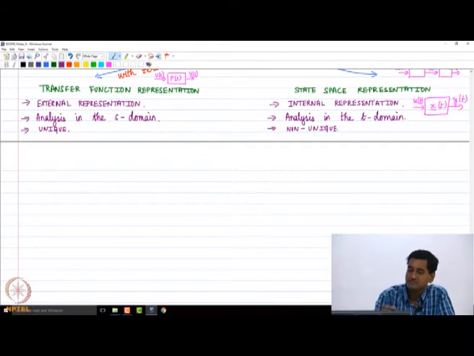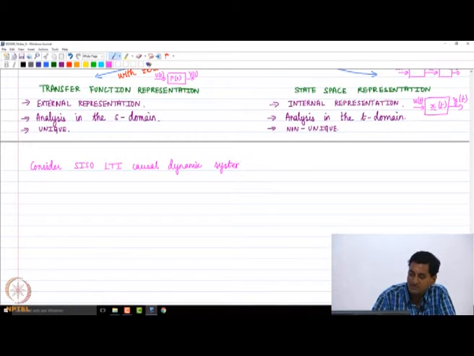Okay, that's assumed, but you can have a non-unique state space representation. So let's just consider SISO LTI causal and dynamic systems. Let's restrict ourselves to this.